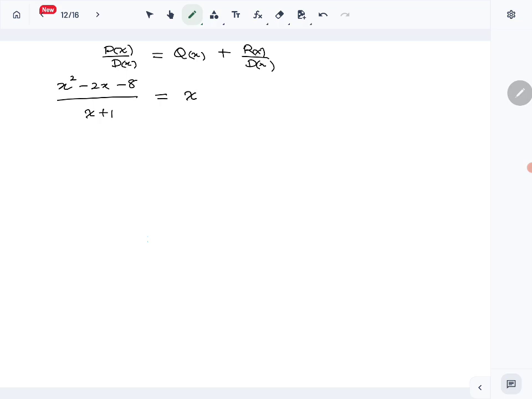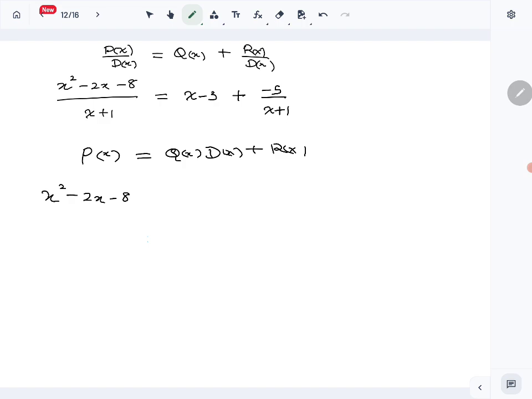So x minus 3 plus minus 5 over x plus 1. So this is the first form of the division algorithm. Then we'll write the second form also, q(x) times d(x) plus r(x). So the second form is what? x squared minus 2x minus 8 is equal to what? x minus 3 times x plus 1 minus 5, right?